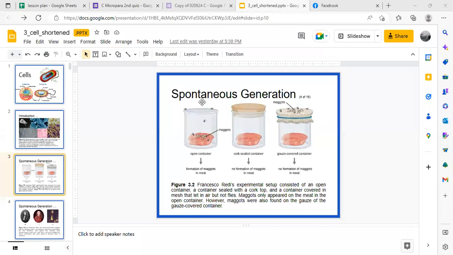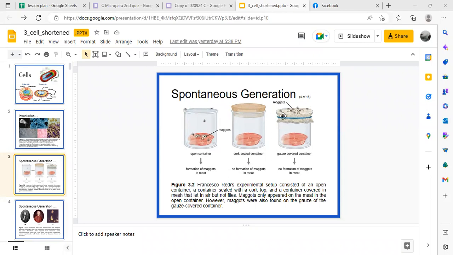So sa unang container, yung nagkaroon ng maggots, syempre dinapuan ng flies. Sa second container, nakaseal, walang dinadapuan na flies. So baka isipin ng tao, ay baka kasi wala yung oxygen kaya hindi nagkakaroon ng flies, no? So dito sa gauze, papasok naman yung air. So kung galing talaga sa meat yan, dito magkakaroon ng maggots at saka flies.